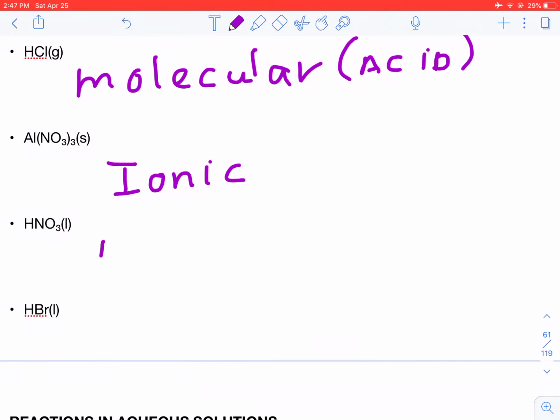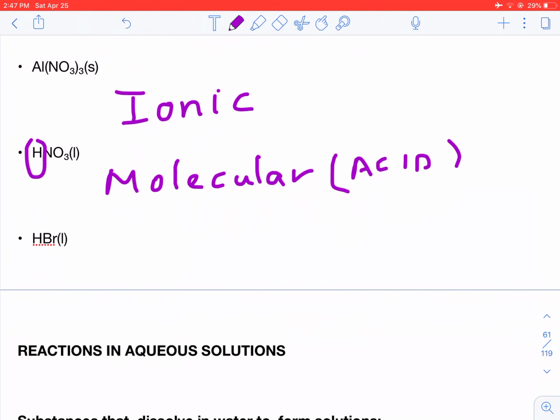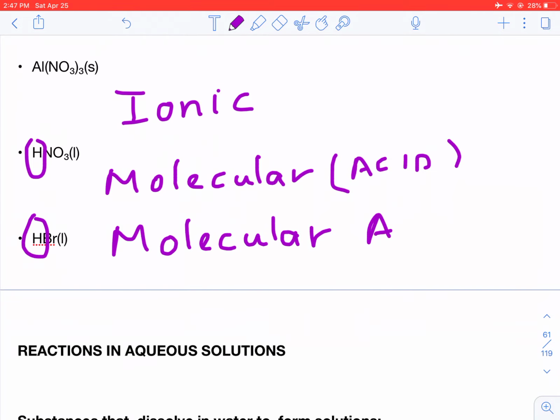HNO3 is also a molecular substance, right? But it has its H there, and that one had H there, and from the formula we know we are also dealing with an acid. And the same thing with HBr, it is also a molecular substance. Right, and we have the H there, which is also an acid.